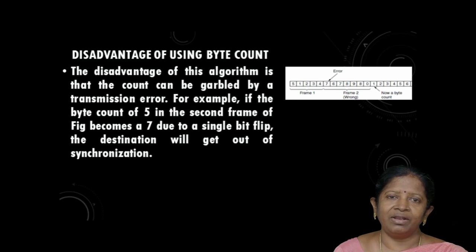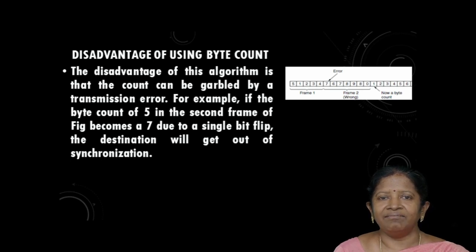The receiver will assume that 7 bytes form this frame. In that case, it will take 2 bytes from the next frame. So the receiver will not get the correct byte count for a frame.